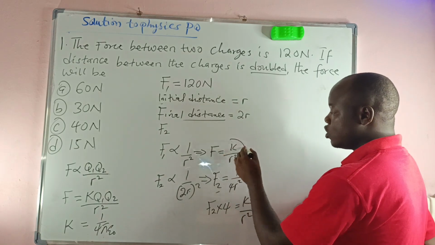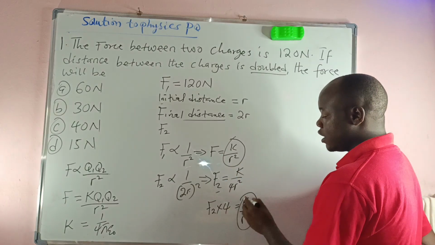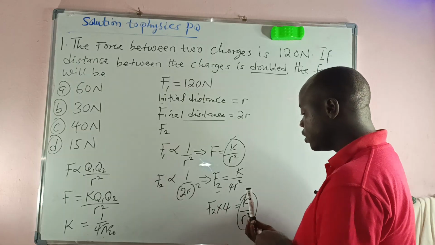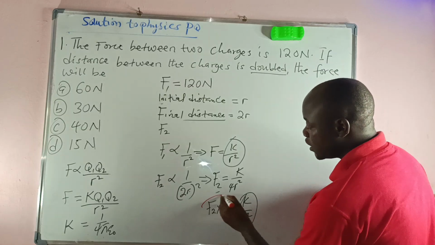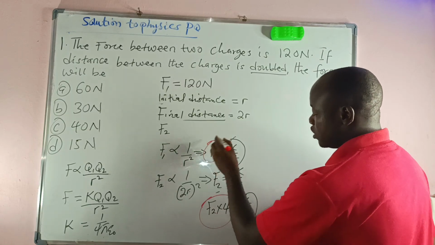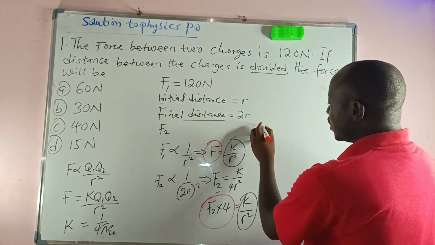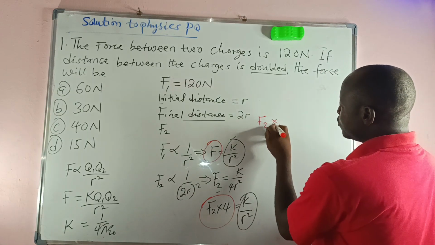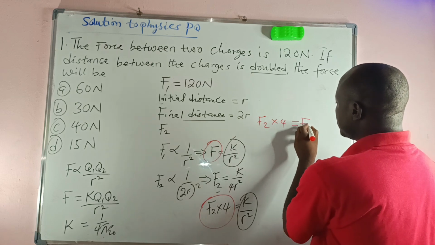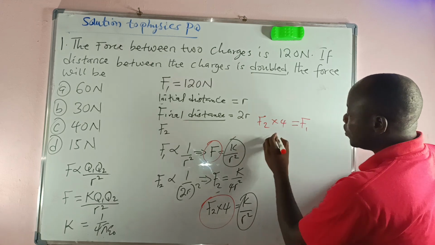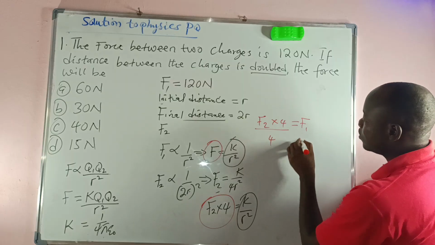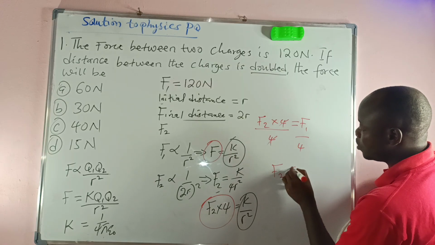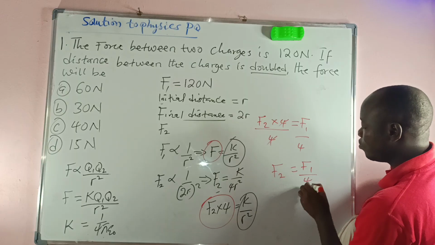You see, this one and this one are the same, so we can now equate this with this. So we now have F2 times 4 is equal to F1. We can now divide both sides by 4, so this will cancel this. So we now have F2 is equal to F1 all over 4.